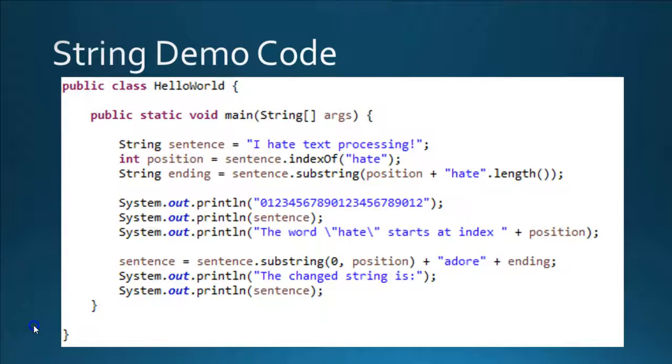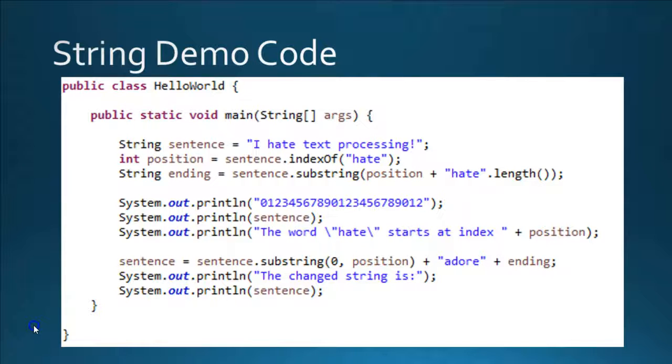I have String sentence equals, quote, I hate text processing, quote. Then int position equals sentence.indexOf, quote, hate. String ending equals sentence.substring, position plus, quote, hate.length. Then System.out.println the digits 0 through 9 repeated, ending with 0, 1, 2. System.out.println sentence. System.out.println, quote, the word slash quote hate slash quote starts at index, quote, plus position.